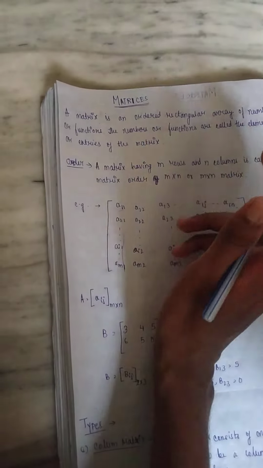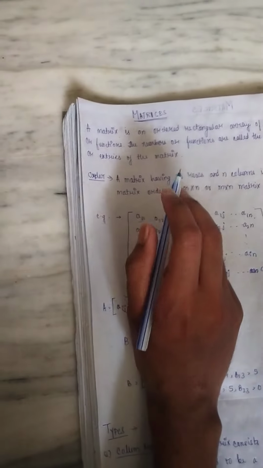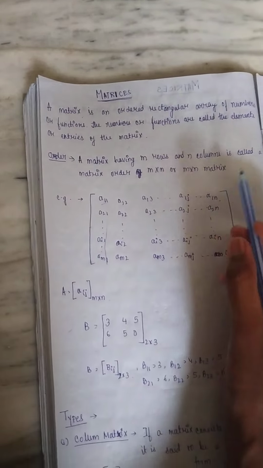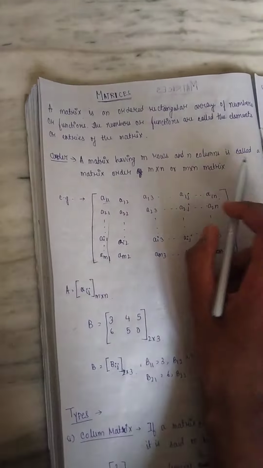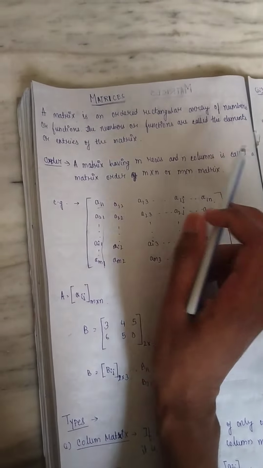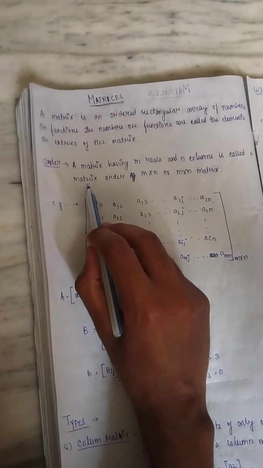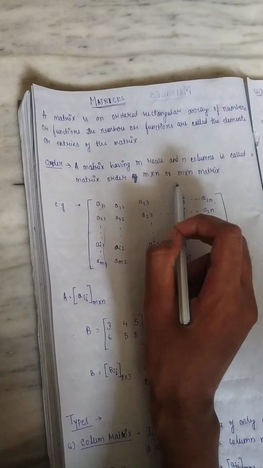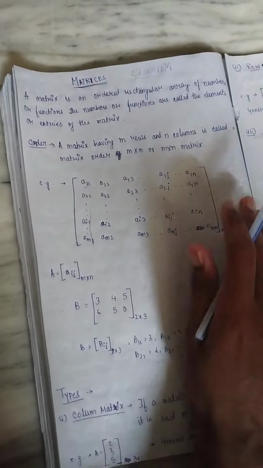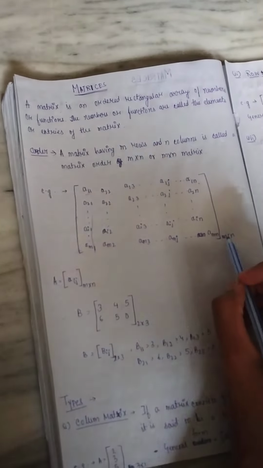Now, we have mentioned an ordered rectangular array. So what do we mean by order? The order is the number of rows and columns the matrix consists of. If a matrix has m rows and n columns, it is called a matrix of order m by n, or an m by n matrix.